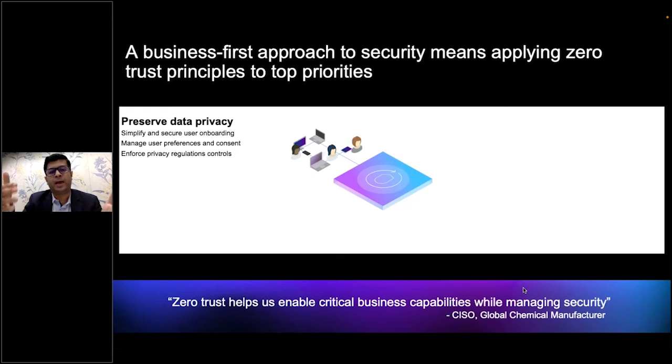I also want to make sure that my data is encrypted at rest and in motion, so that even if, despite having all the controls, my data is compromised, it is of no use to the hacker because the encryption key is securely stored with me, right? So encryption and monitoring are all very relevant when we talk about the data privacy use case.